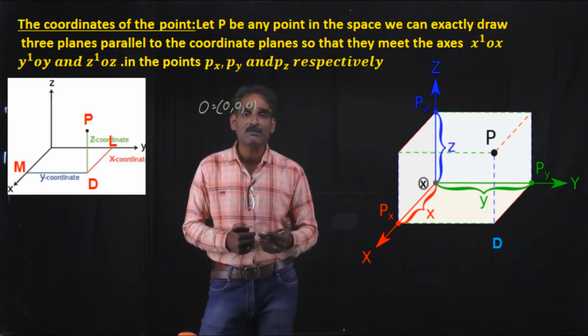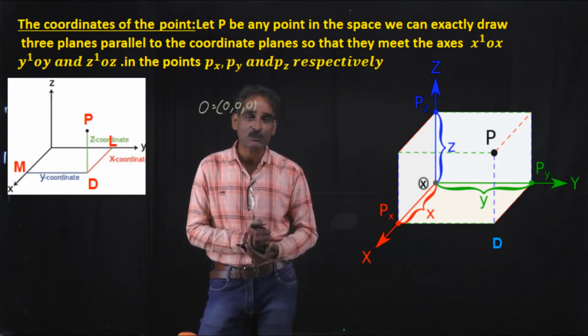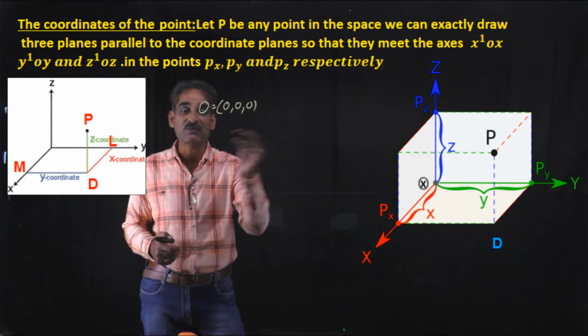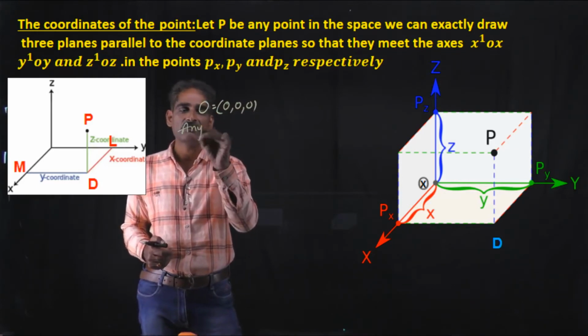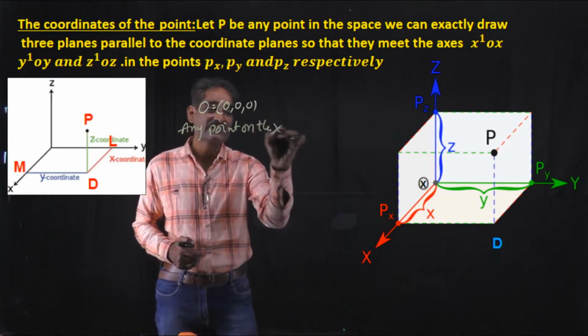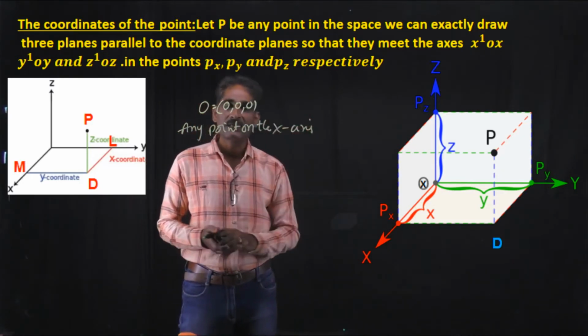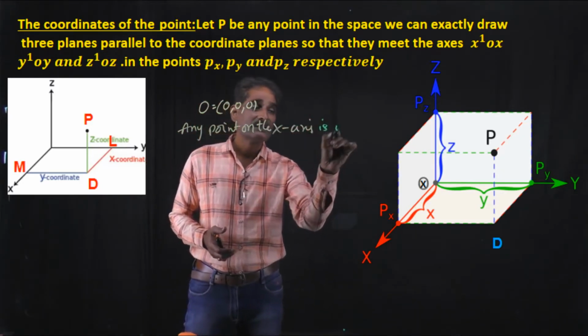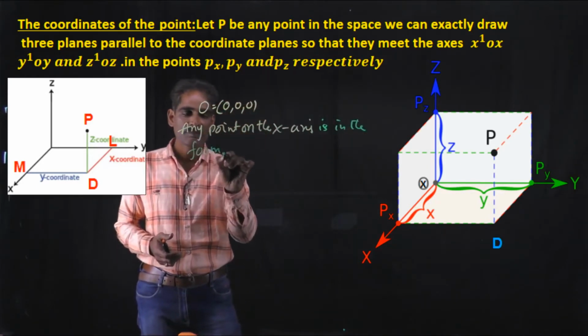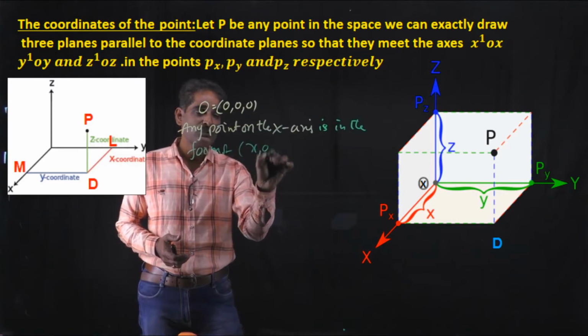So, general point, coordinates of a point. General point on the x-axis: on the x-axis, y and z coordinates are 0. So any point on the x-axis is in the form x, 0, 0.